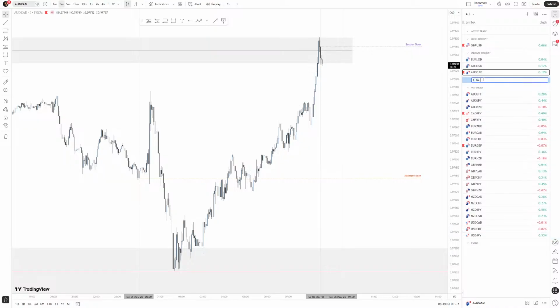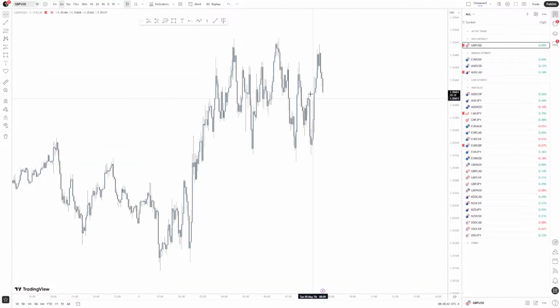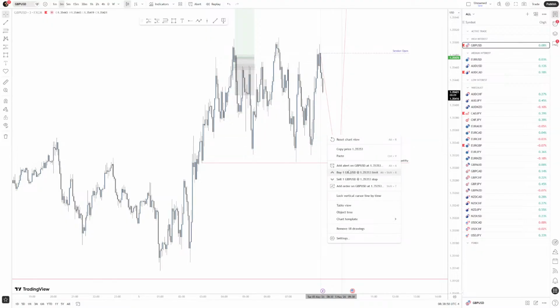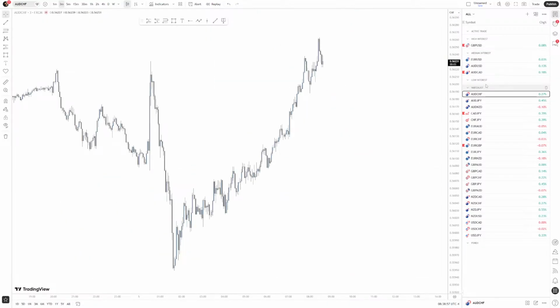Low interest. Okay, with this one, we will price to rally. The alert hit. Look at the Swiss franc.